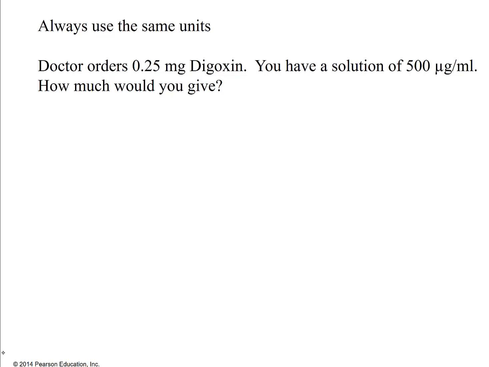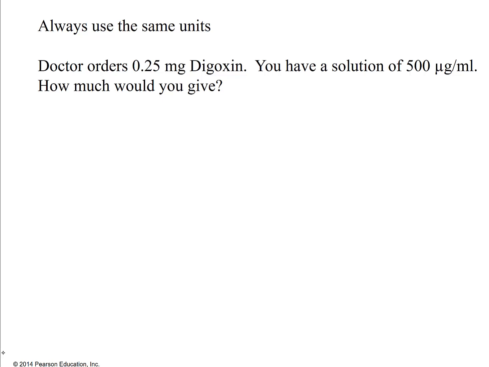If the doctor orders 0.25 milligrams of digoxin, which is a heart medicine, and you have a solution, which means that you have a liquid solution of this medicine, and there's 500 micrograms per milliliter in the volume. So how much do you give? Well, you see that you have milligrams of digoxin and micrograms of digoxin.